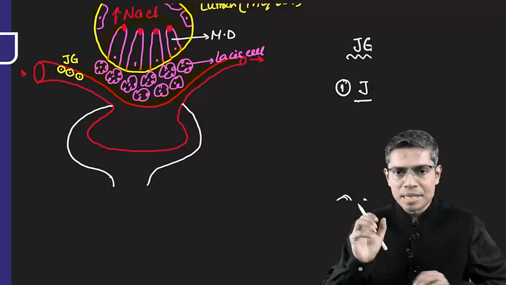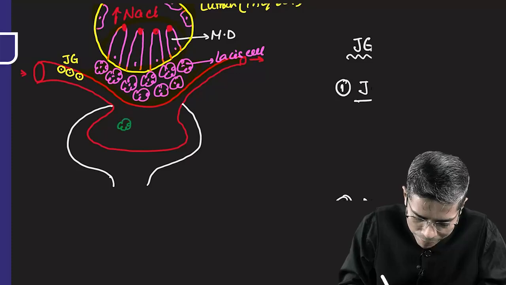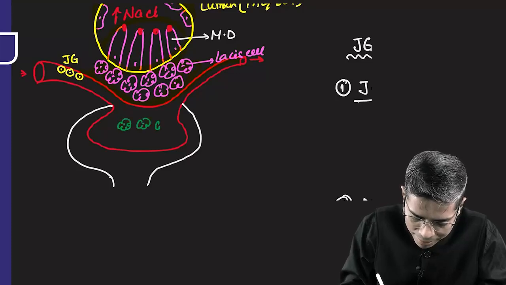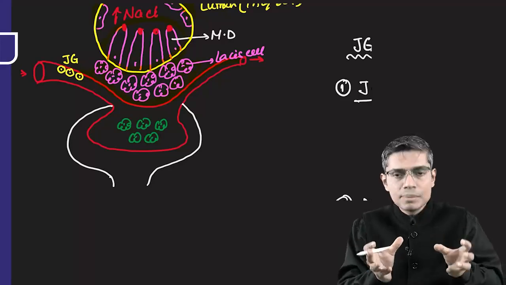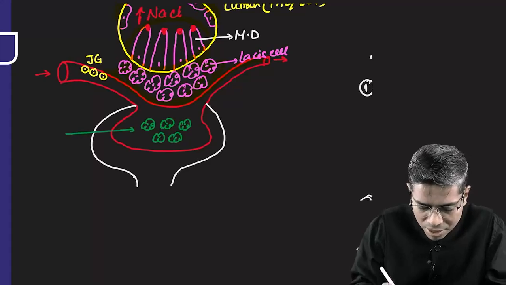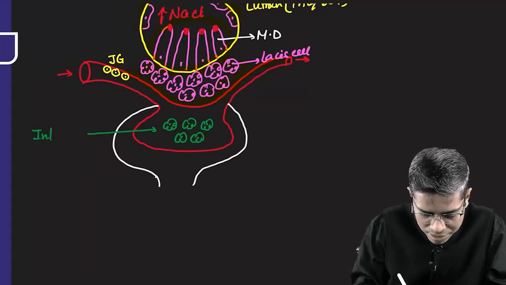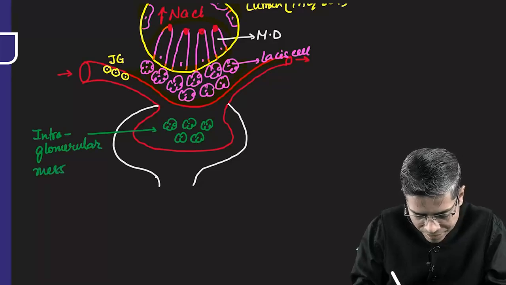There are certain mesangial cells which are located within the glomerular capillary, in between the glomerular capillaries. These mesangial cells are known as intraglomerular mesangial cells.